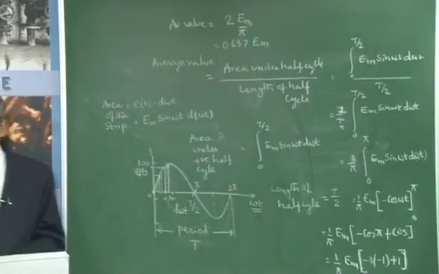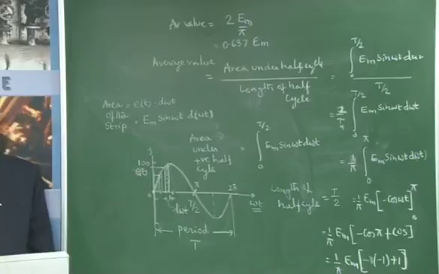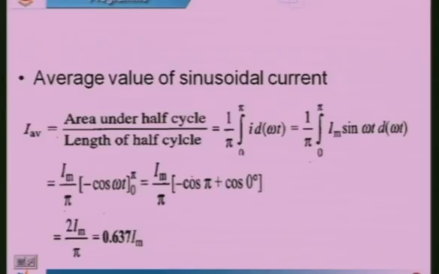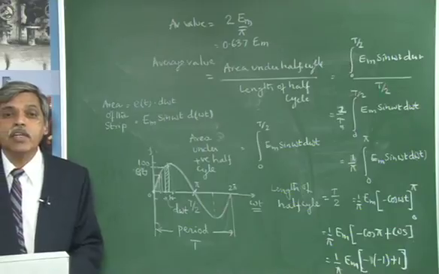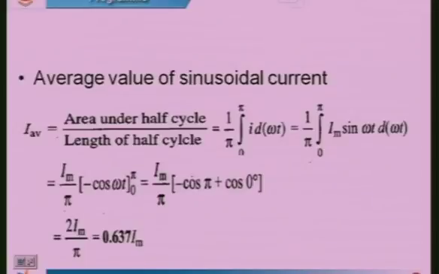This is the closed form of the average value. All sinusoidal alternating quantities will follow this expression, that is, the average value will be 63.7% of the maximum value of the sinusoidal alternating quantity.